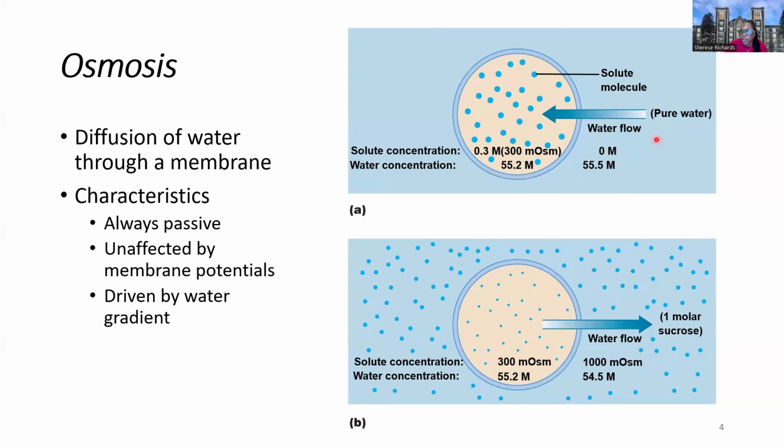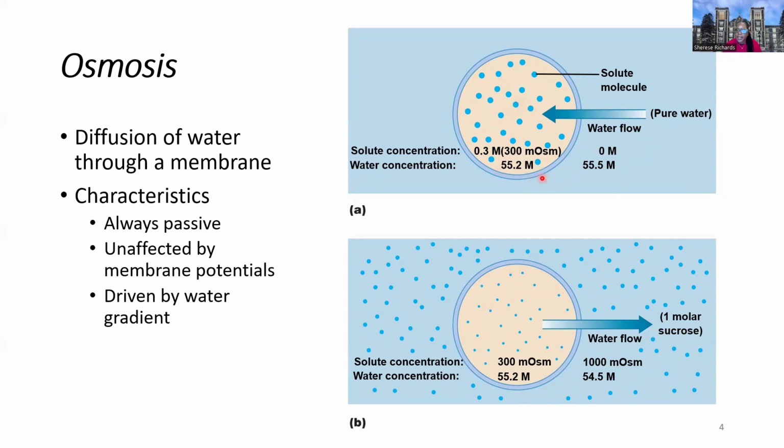So this is pure water. And inside the cell, we have 0.3 moles of solutes dissolved, giving us an osmolarity of 300 milliosmoles. And the water concentration is 55.2 moles, right? Because we've displaced some of that water by having solutes inside. So we have a slightly lower water concentration.